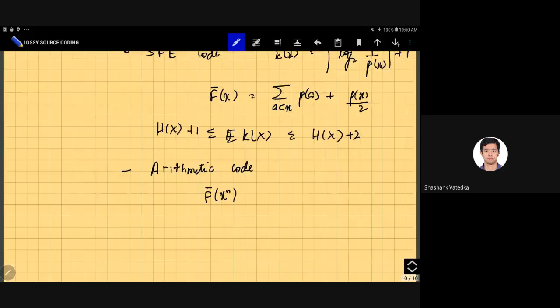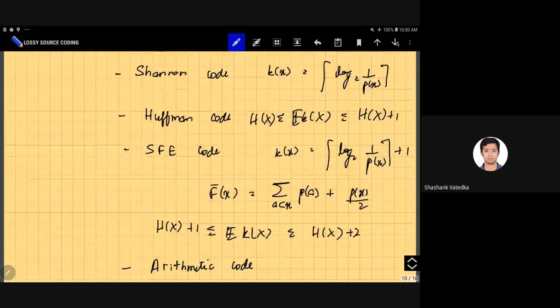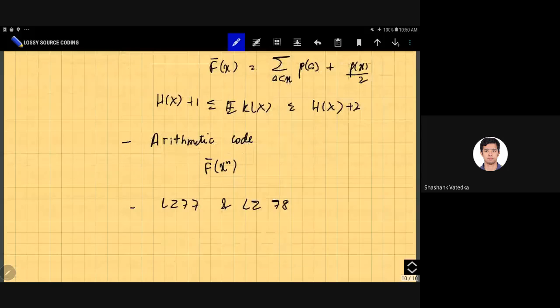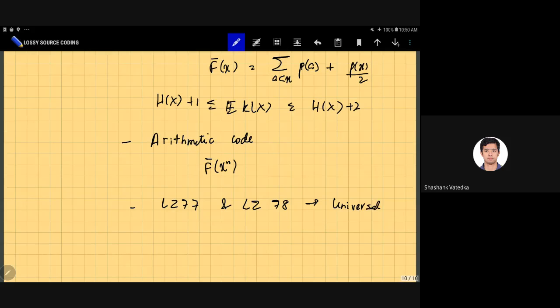And then we saw the Lempel-Ziv compression algorithms, LZ77 and LZ78. While the first few compression algorithms were mainly for IID sources, the LZ77 and LZ78 algorithms are universal compression algorithms for stationary and ergodic sources.